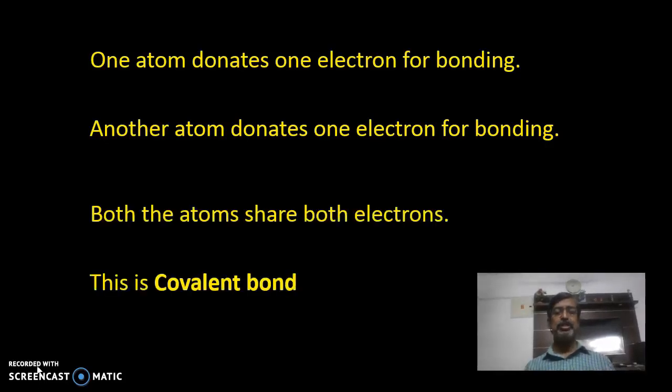This is known as covalent bonding, and this is the type of bonding which is found in molecules like hydrogen, oxygen, as well as the water molecule and several other organic molecules like methane, ethane, etc.